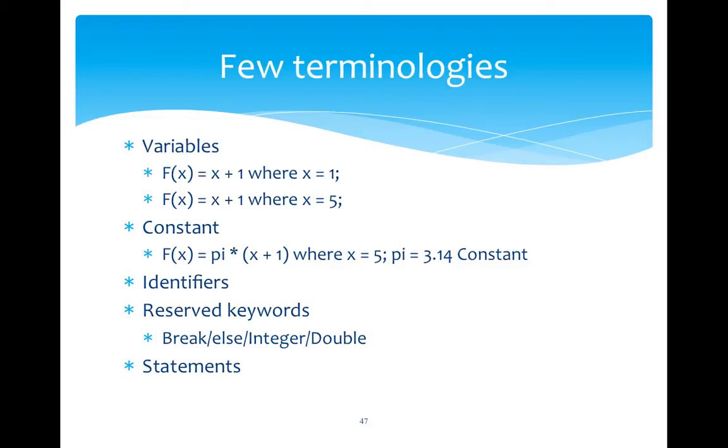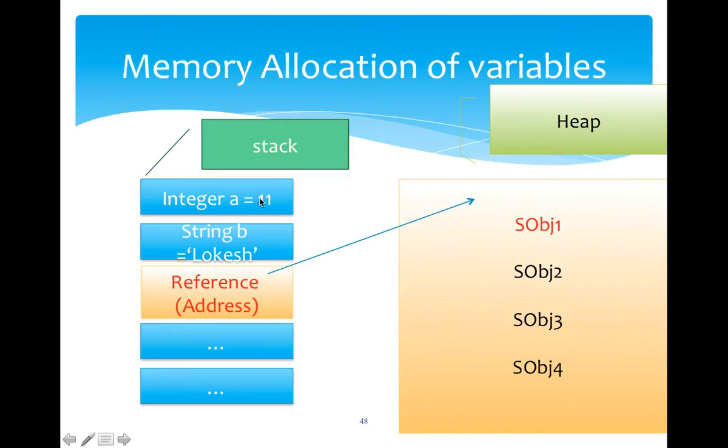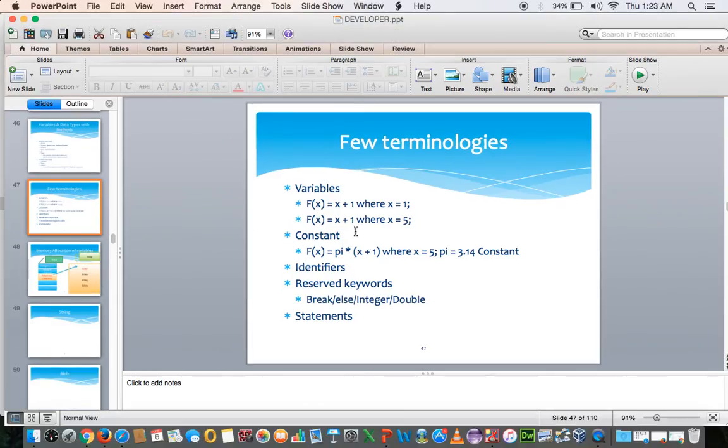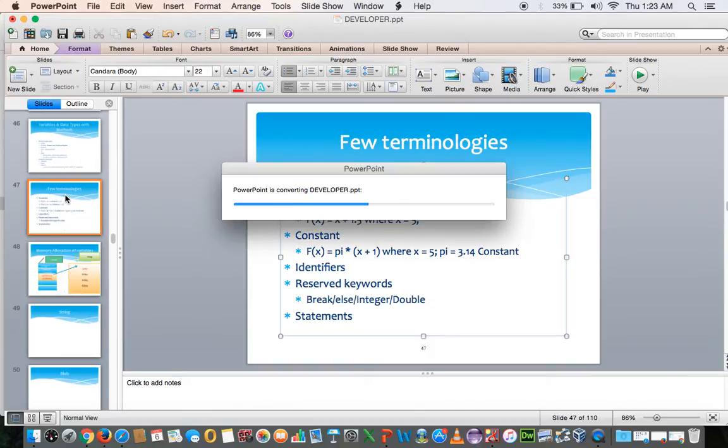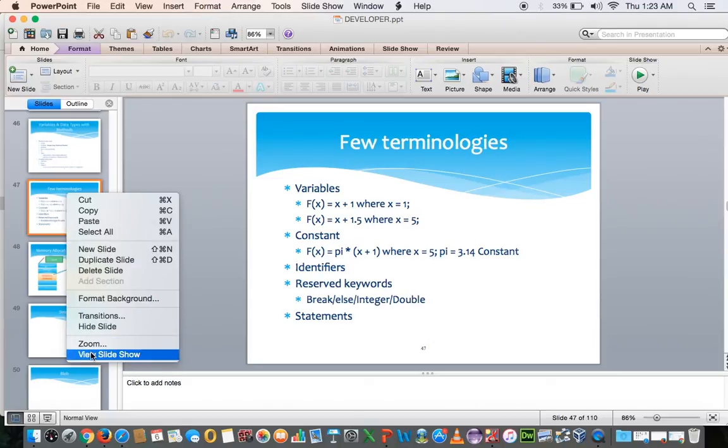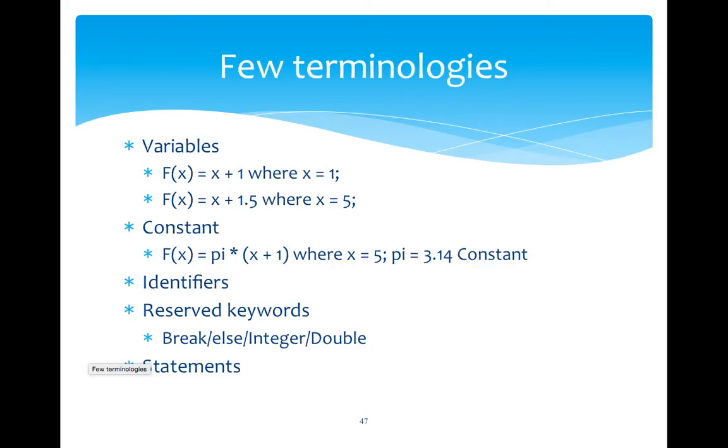If we see what it returns, it returns a number, and to be precise it returns an integer. But if we change it to 1.5, it returns us a decimal number.